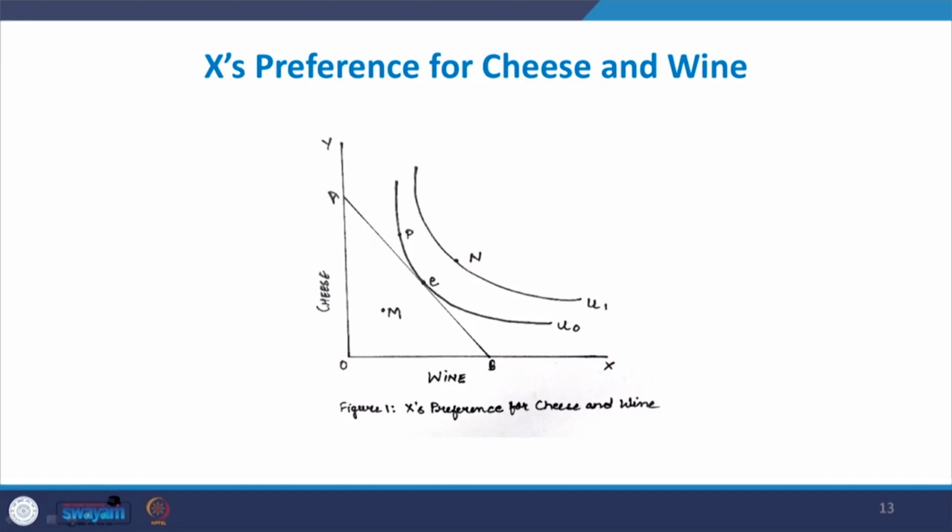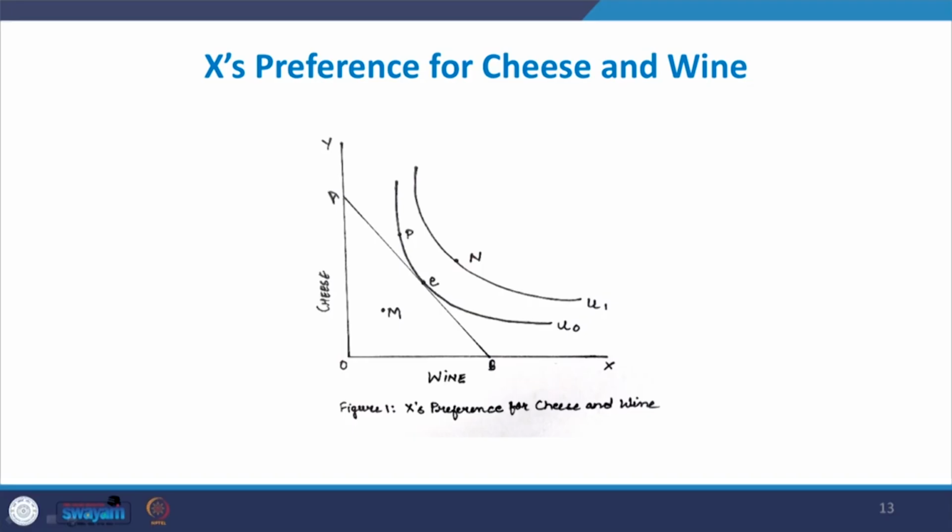So AB here is the price ratio or price line, which can be constructed depending upon the market price of cheese and wine and how much money is going to be spent by the consumer on these two products.